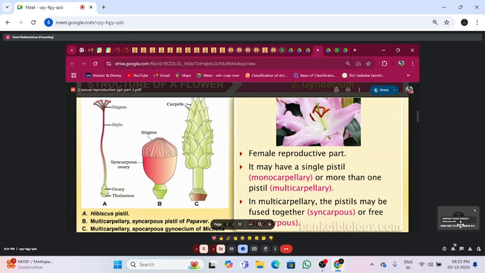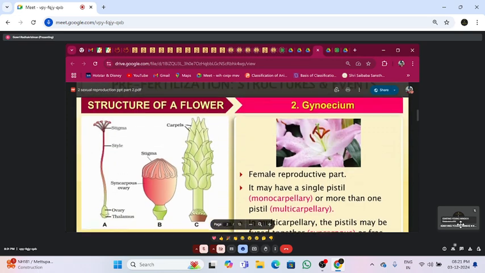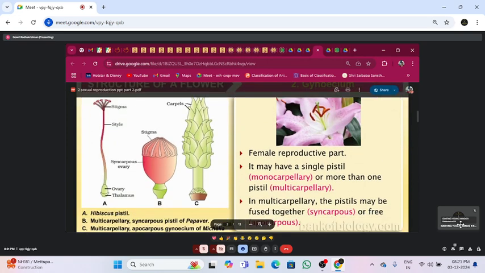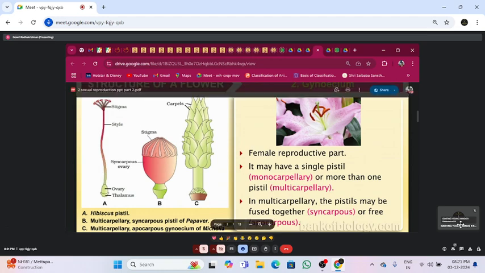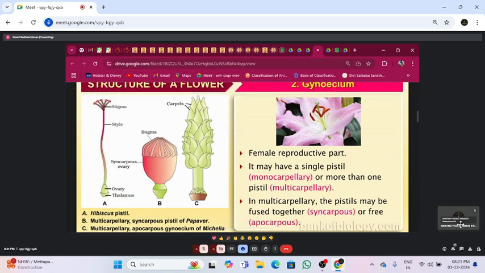In this diagram, the first one is the hibiscus pistil, which is monocarpellary. The second is the multicarpellary syncarpous pistil of Papaver. The third one, C, is a multicarpellary apocarpous gynoecium of Michelia.